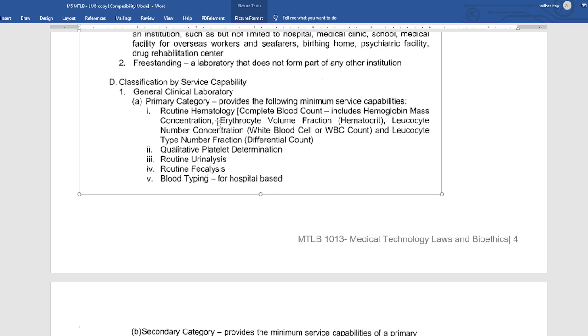Okay, a primary category laboratory can do hematocrit test, WBC test, complete blood count, qualitative platelet determination, routine urinalysis, routine fecalysis, okay? But if that is hospital-based, it can conduct blood typing. But kung hindi siya hospital-based, if that is freestanding laboratory, that is not within the premises of a hospital, it cannot offer blood typing.